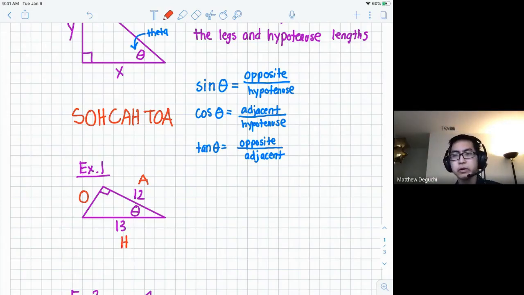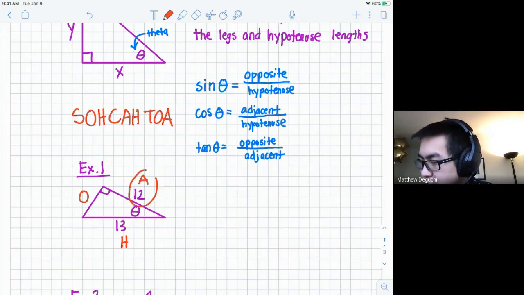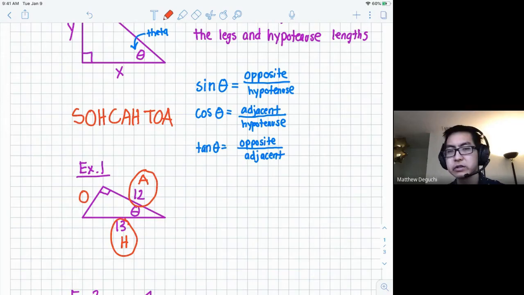Remember, it's in the perspective of that theta that I can identify the opposite side, adjacent side, and hypotenuse. The reason I label this is that it gives you an indication of which trig identity you have to use. Do you see how there's information at the A and at the H?